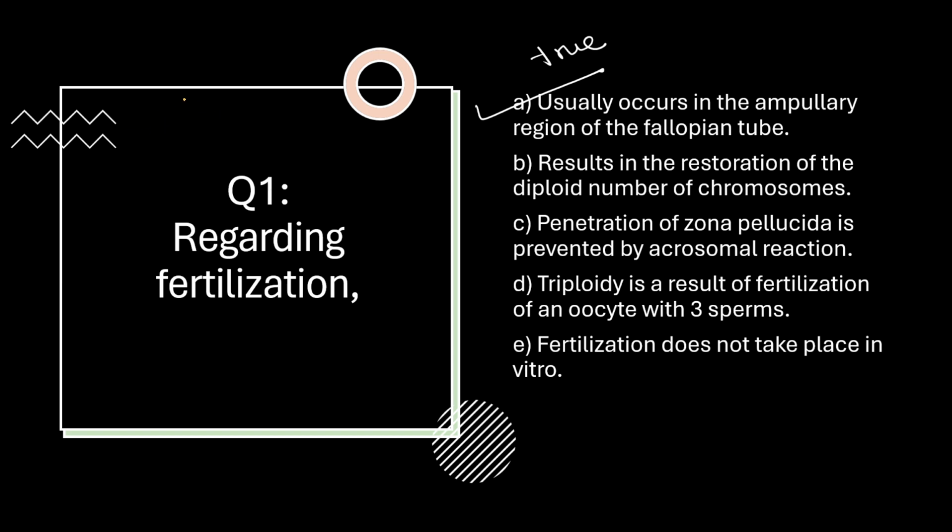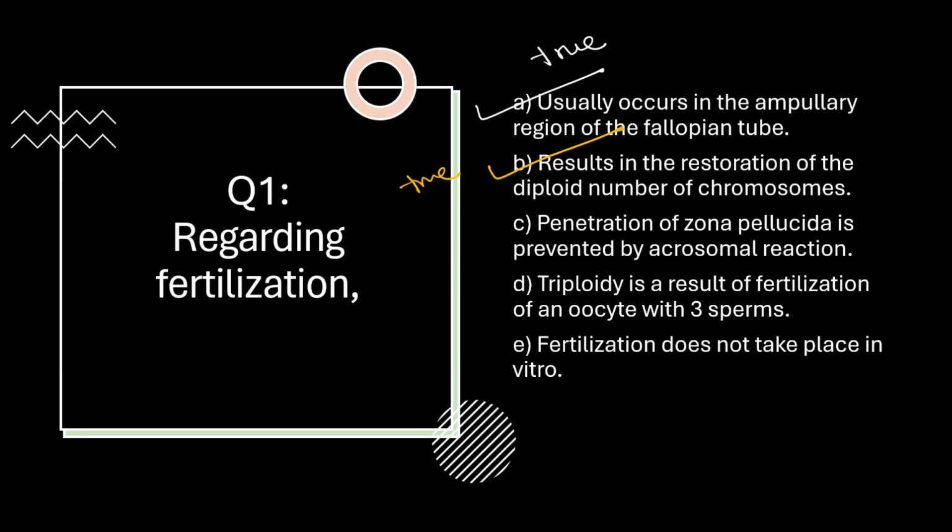However, at the initiation of fertilization, with the acrosomal reaction and the proceedings, the ova will complete the meiosis and form a haploid nucleus with a polar body. The haploid nucleus will merge with the sperm's nucleus and form a diploid zygote. So this is a true statement.